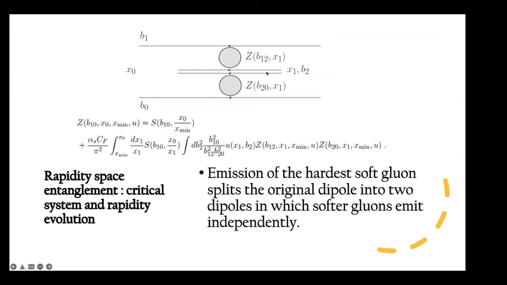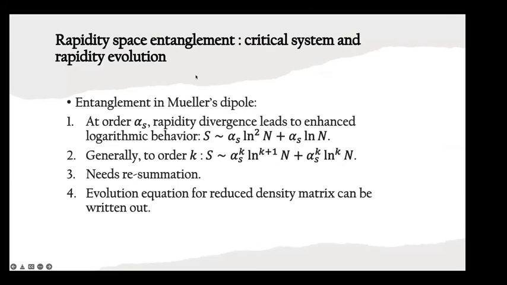Then given these light-front wave functions, for example, for the one gluon state, one can try to compute perturbatively this entanglement entropy by using the definition of the rapidity space entanglement in momentum fraction space.